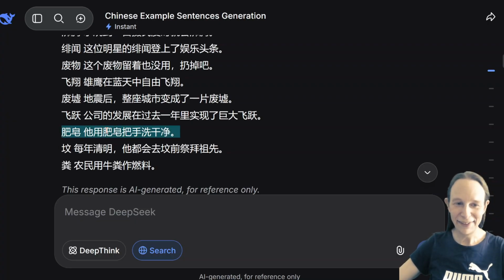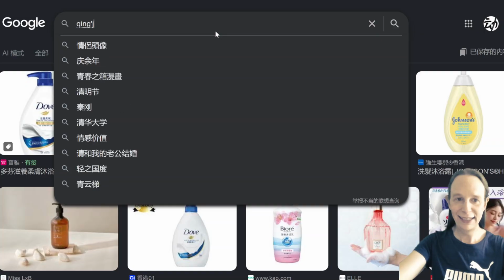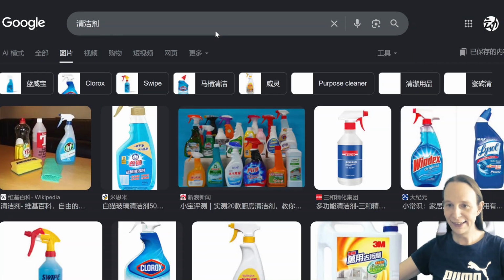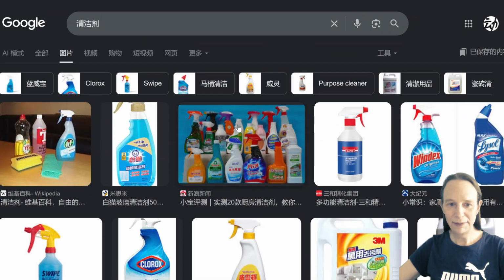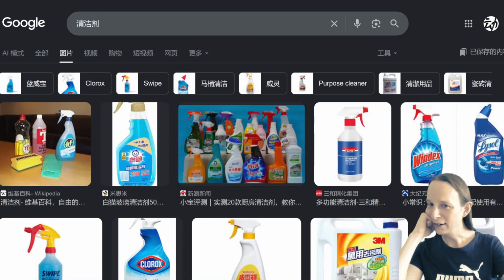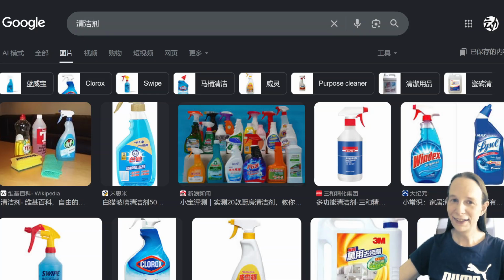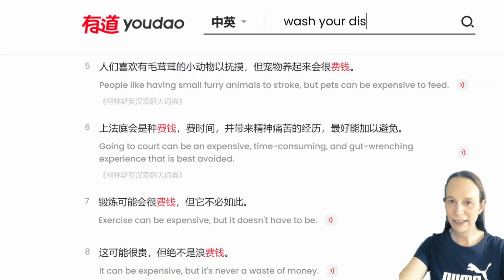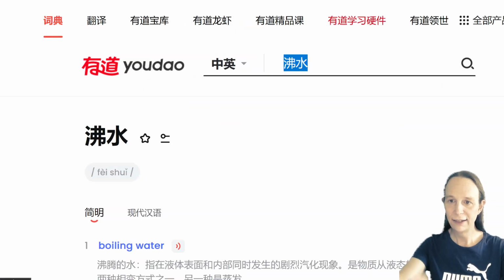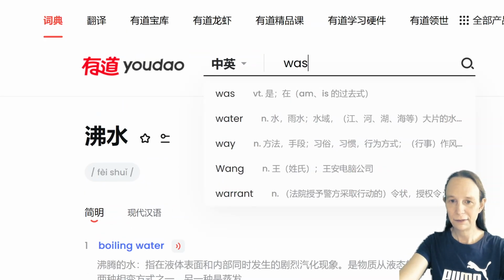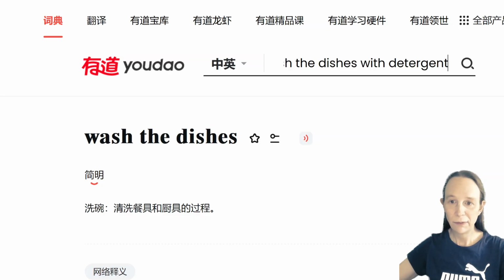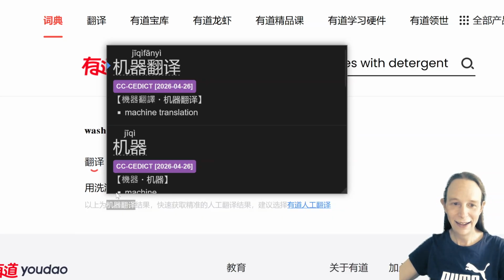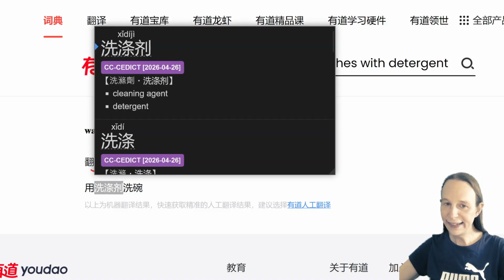All right. 肥皂, soap. There's also 清洁剂. This is the detergent. So this one looks like it's for windows. What's the one you use for your dishes? Wash your dishes with detergent. 洗涤剂, 洗涤剂.